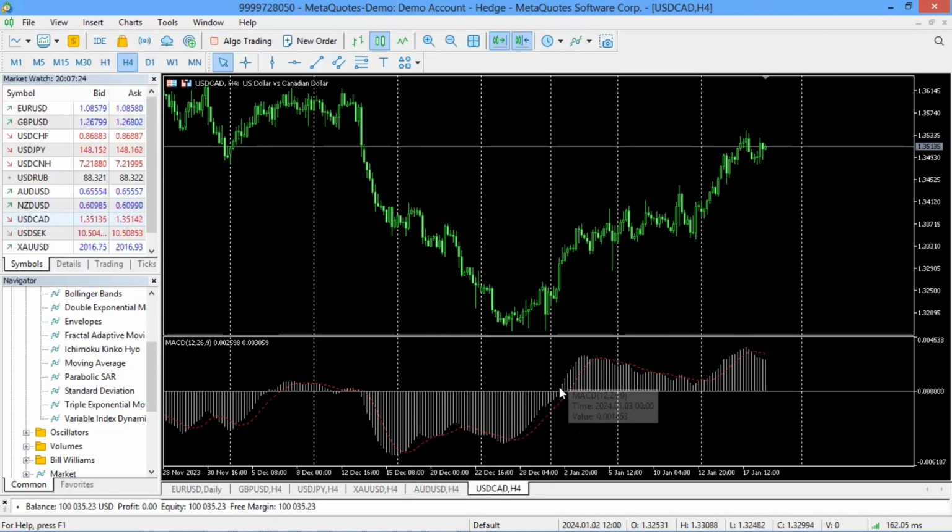By the time it crosses over zero, it confirms the trend. Are we going to have fake crossovers? Yes, we'll have fake outs. If you had entered on a fake out, you could lose. But you're going to make more money if you stick to the trend. Remember, trend is your friend, so always trade with the trend.